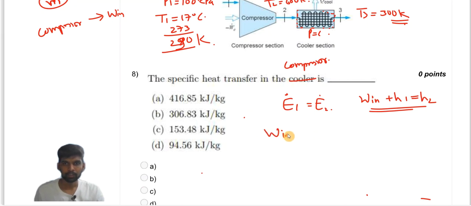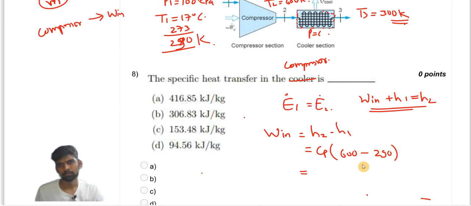Win is h2 minus h1. So h2 is 600, and the working fluid is the same, so Cp times 600 minus 290, which is 310.